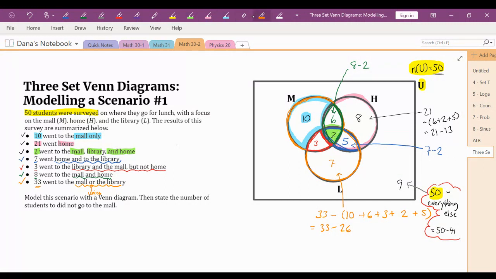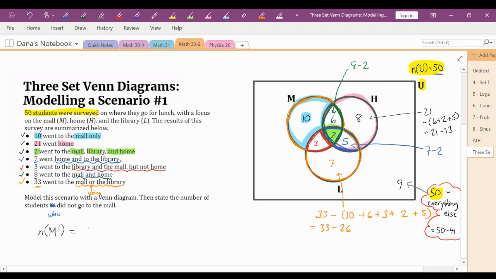The last part of this question that we're being asked is to state the number of students that did not go to the mall. And I just realized there's a little typo there. Who did not go to the mall? So the number of students that did not go to the mall would be everything outside of the mall circle. Remember, the mall circle is the full circle, not just the mall only region, the full mall circle.